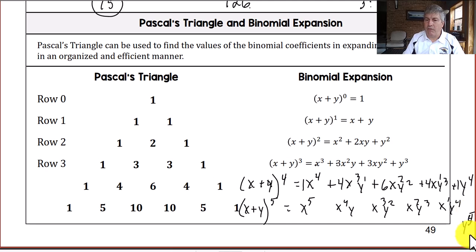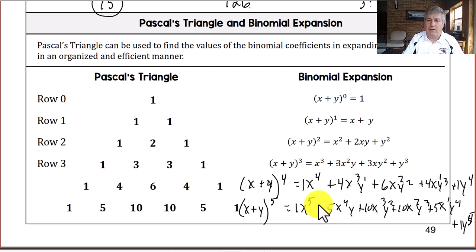Okay, so there's my 6 terms. Decreasing order of x, increasing order of y starting at 0, and then I can put my coefficients in: 1, 5, 10, 10, 5, and 1, and then they're all plus.